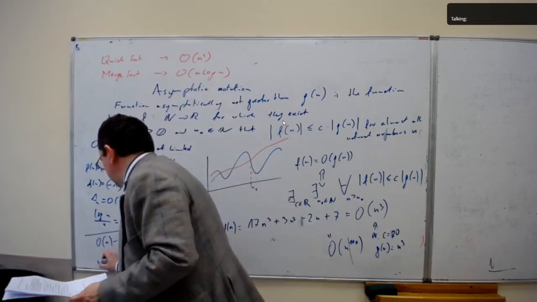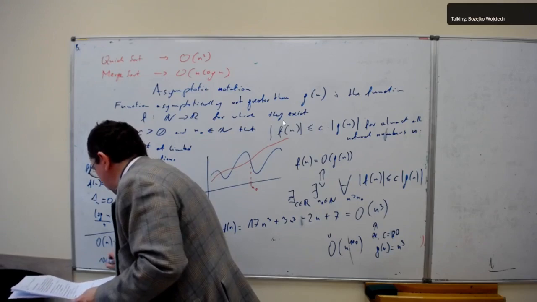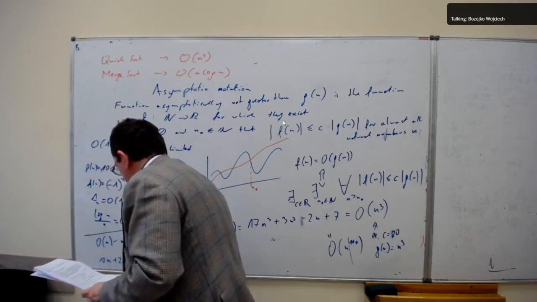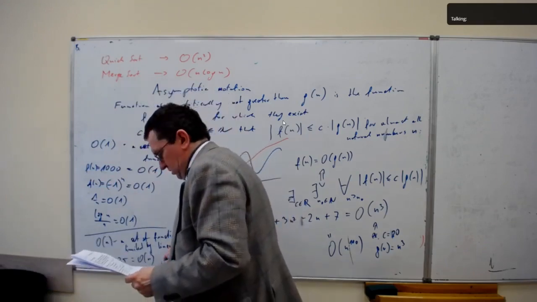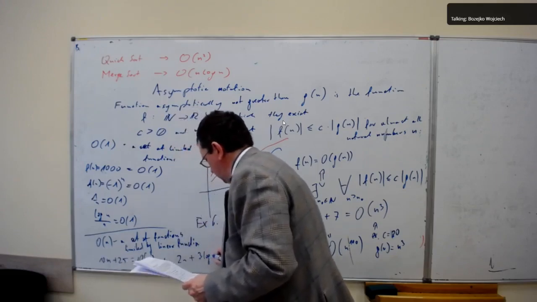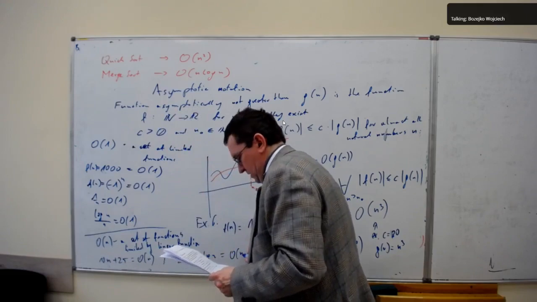So we have, for instance, 10 times n plus 25. This is big O of n. Also, if we take 2n plus 3 logarithm n, this is also big O of n.